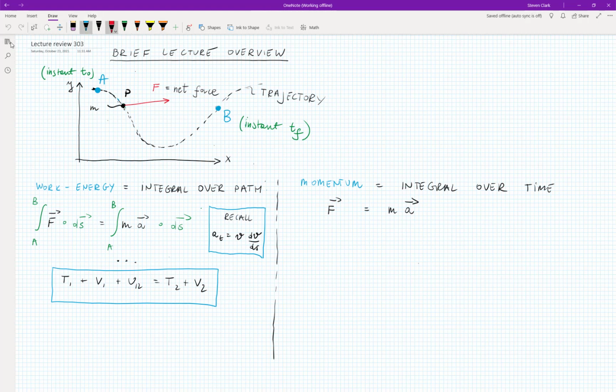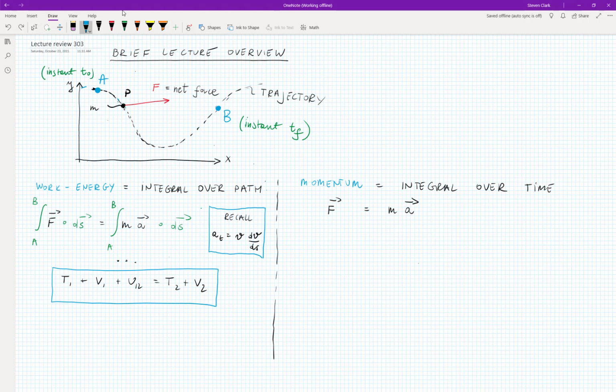So please recall this scenario that we have our particle P, and that particle P follows this trajectory. That trajectory can be a straight line, it can be a curve, it can be an arbitrary trajectory, okay? Our particle has mass m, and additionally there is a net force F acting on our particle while it is moving along the trajectory.